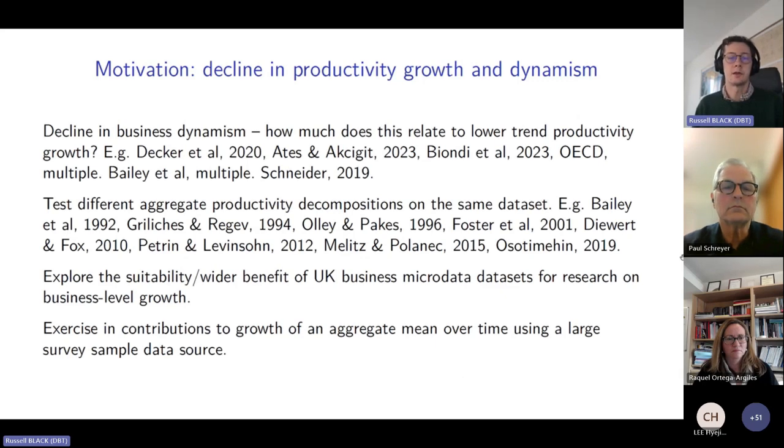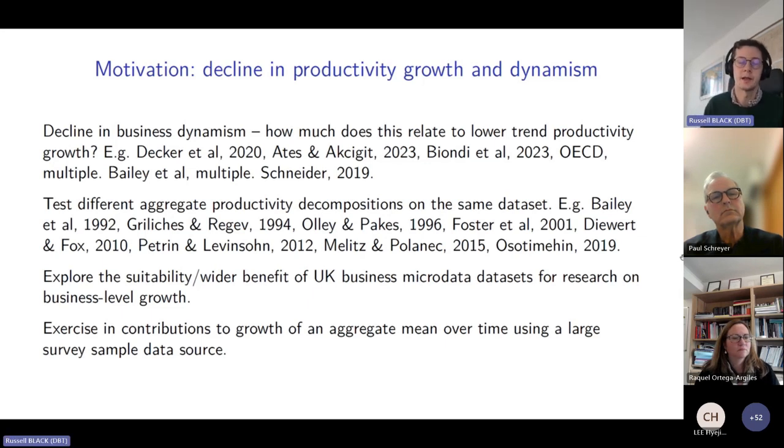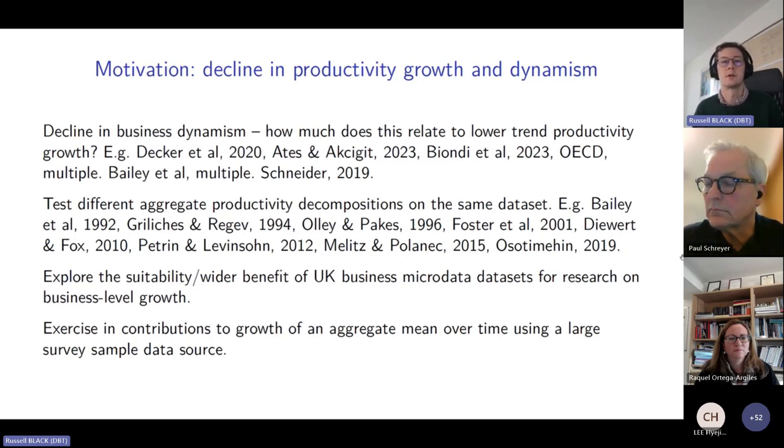Linking dynamism and productivity is a massive topic in economics, and particularly Aghion and others, as well as many others, do specifically link this in their structural model of the decline in US productivity growth and the decline in dynamism as a contributor to that.